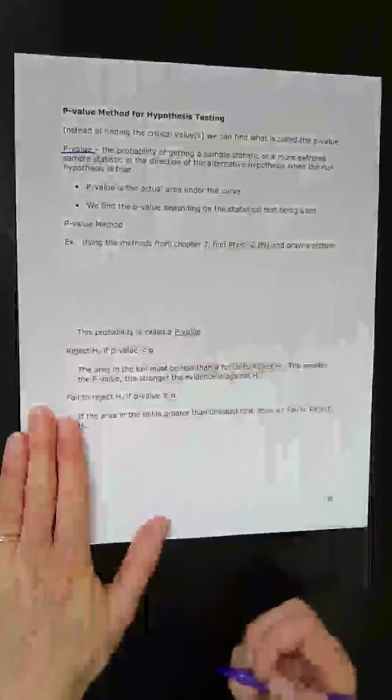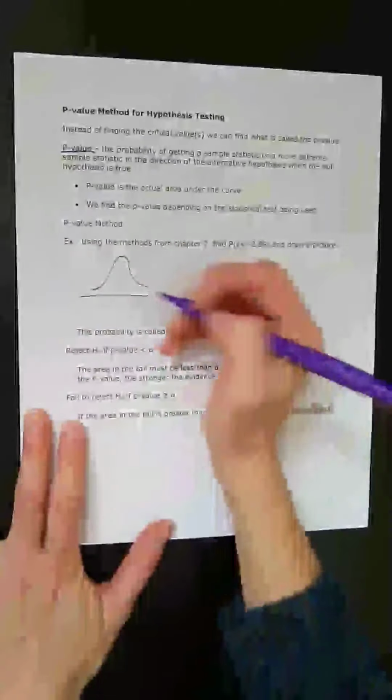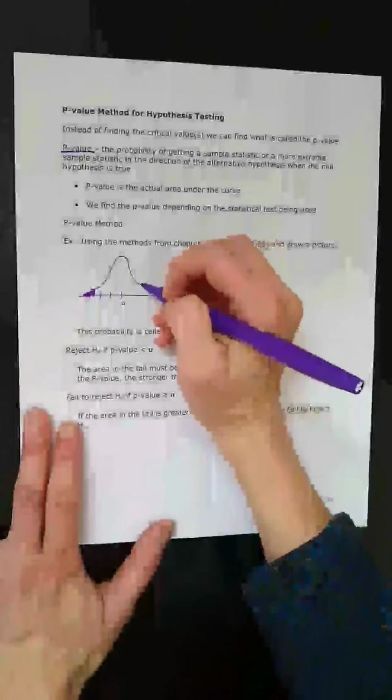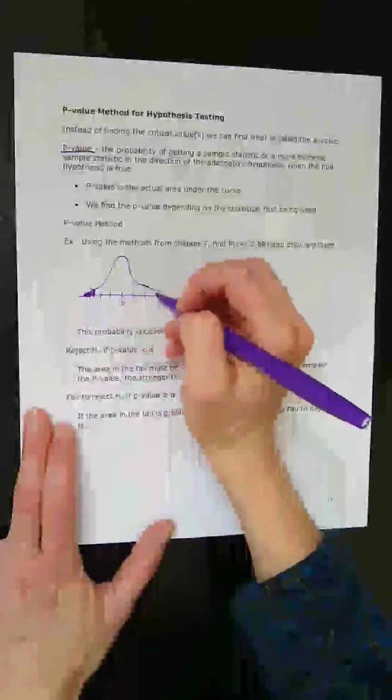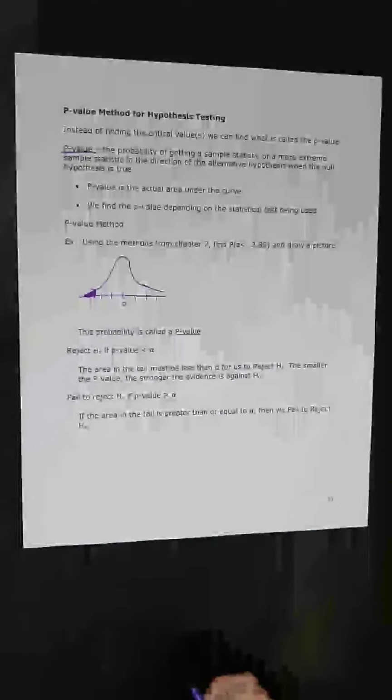So for the p-value method, for example, using what we learned in chapter 7, we can think about this, right? What's the probability that z is less than negative 2.89, and draw a picture. So here's my 0, negative 1, 2, 3. Negative 2.89 is pretty far back there, so I've just got this little tail back there. That's my picture. And I can find that from the table, right?